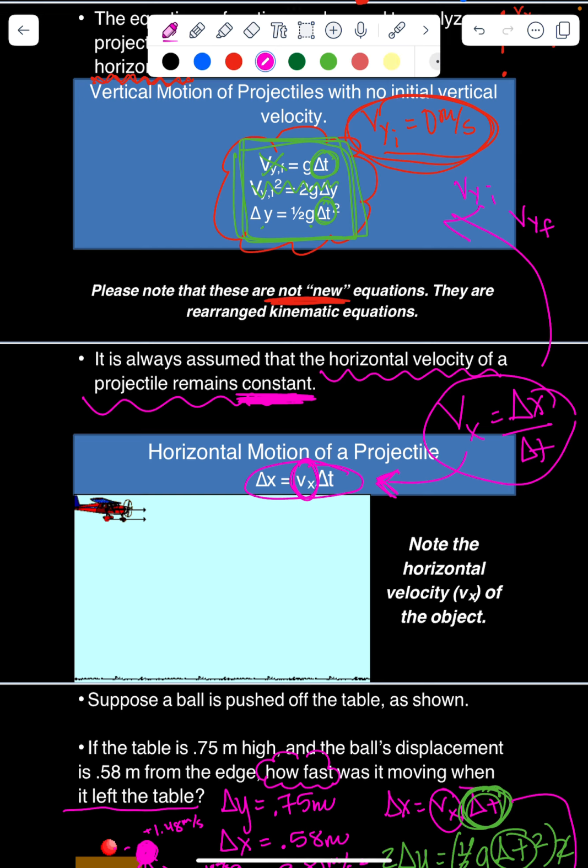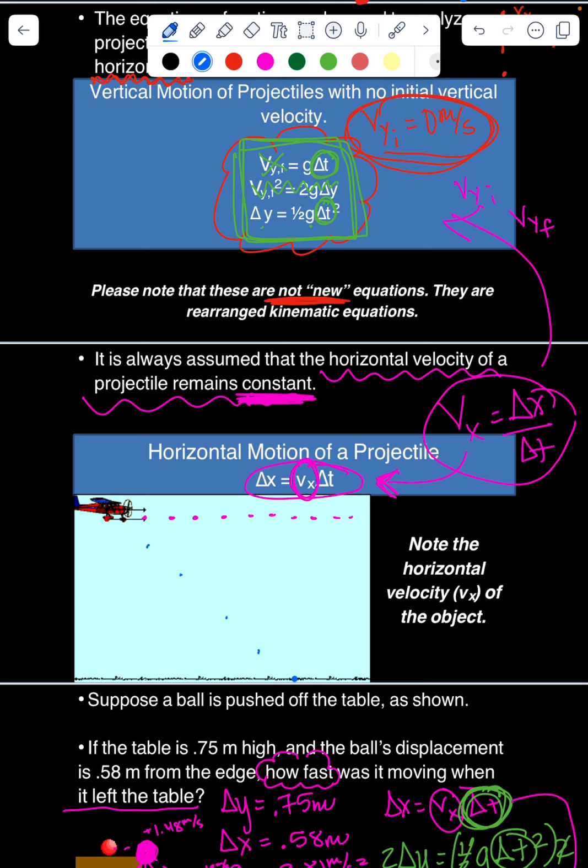Because it is in that plane, it has that horizontal velocity. It has the same horizontal velocity as the plane does. So as it falls, we know that it's going to speed up as it falls, but the horizontal velocity is going to be the same.